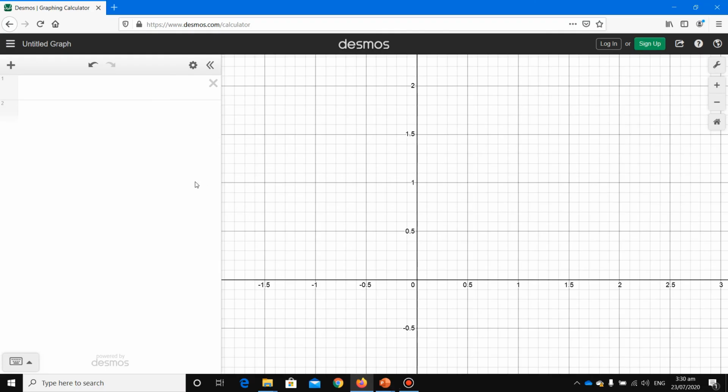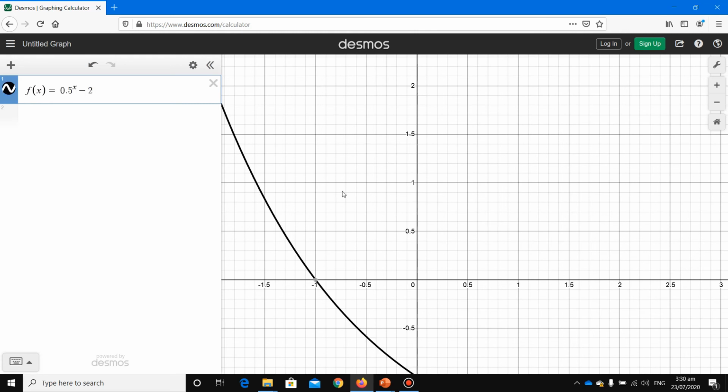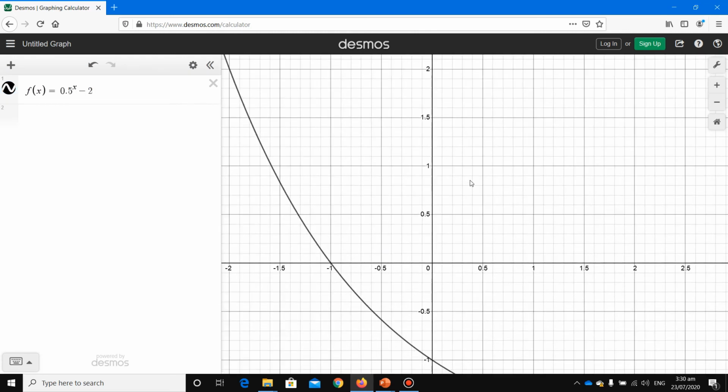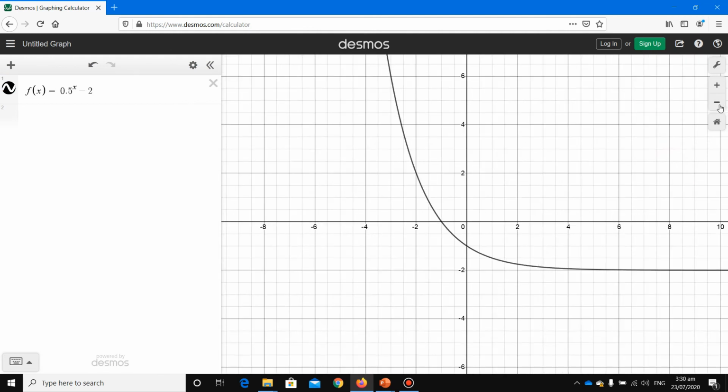Now let's take a look at its graph. So we have f of x equals 0.5 raised to x. Then we have minus 2. So we can see here that as our value of x increases, our value of y from positive infinity approaches negative 2.